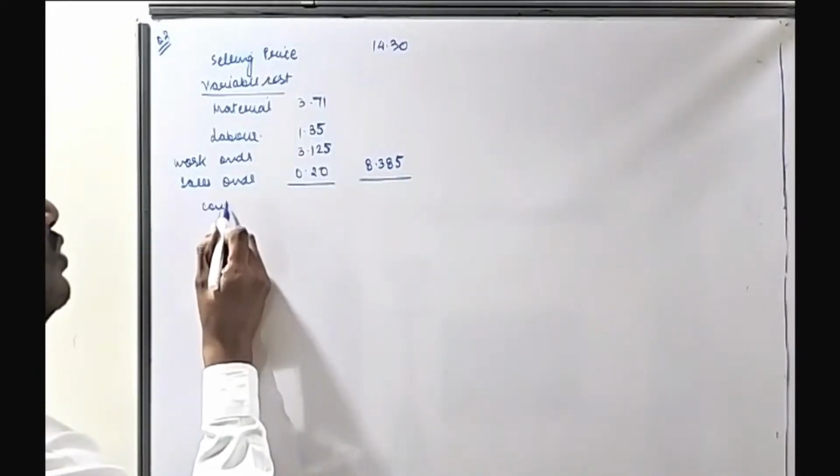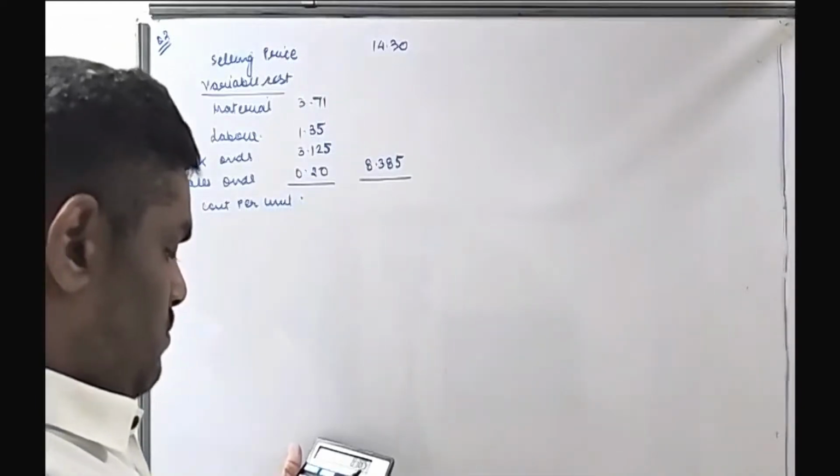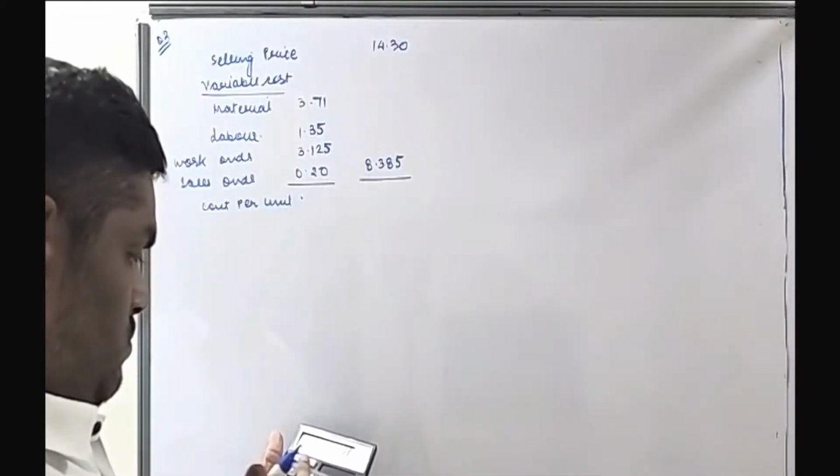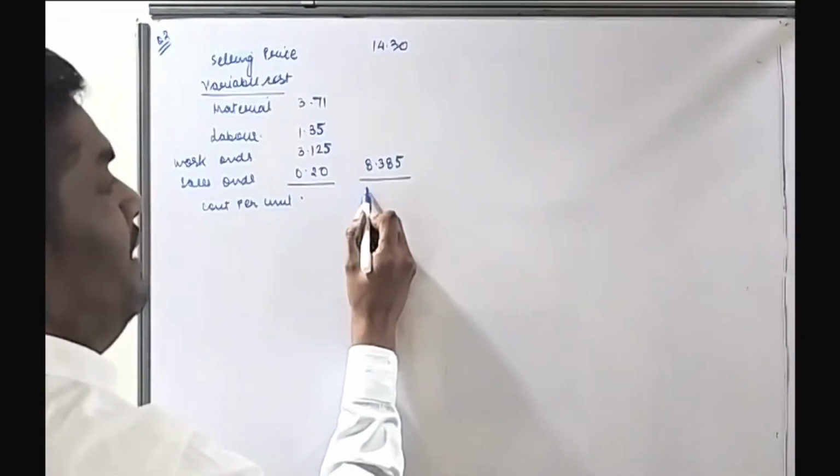So my contribution per unit will be 5.915.